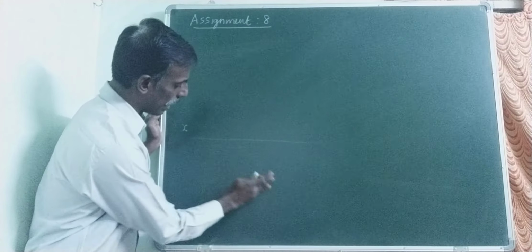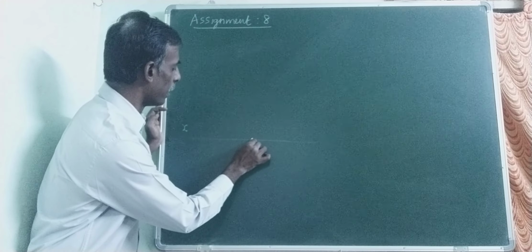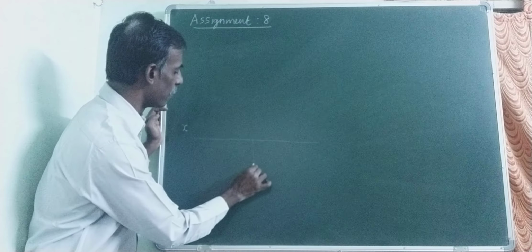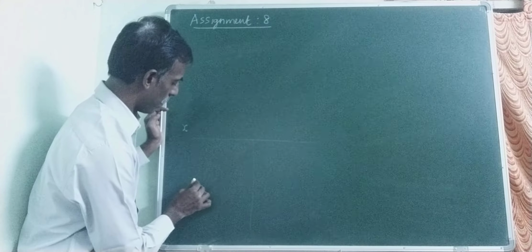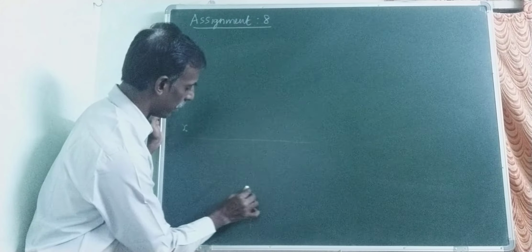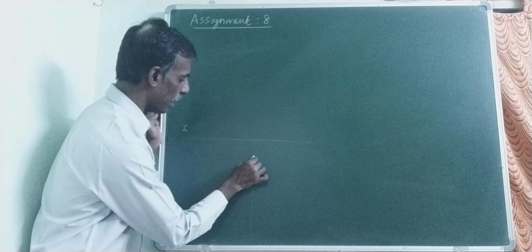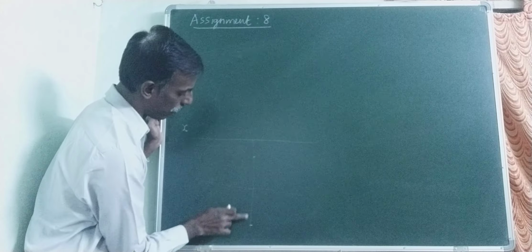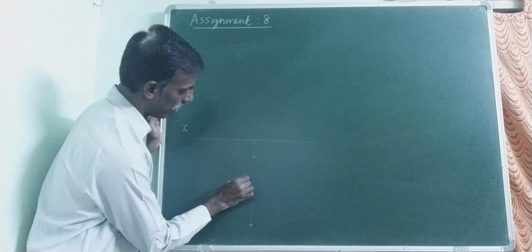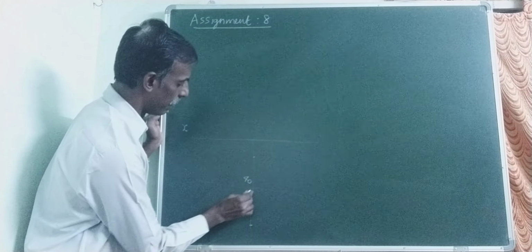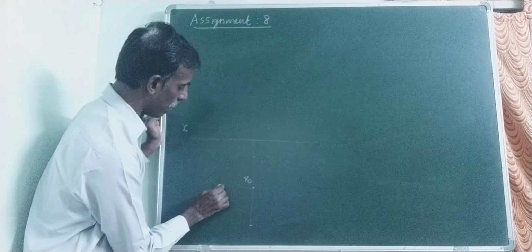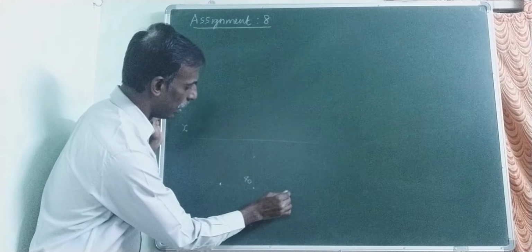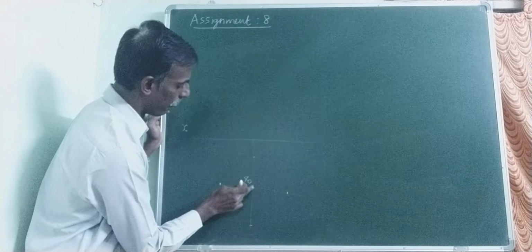So how to get that? The side is not given, so we cannot draw it directly. So draw the vertical and horizontal lines like this. Here mark 40 mm, 20 mm, 20 mm. Similarly, from the midpoint, you take 20 and 20 on the vertical line.